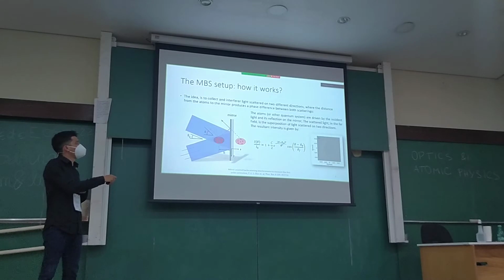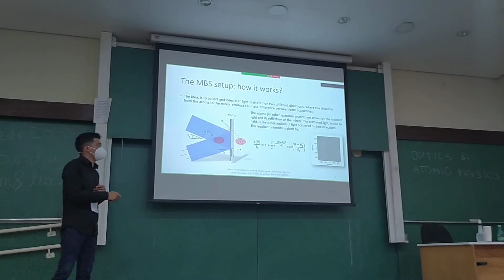In the very far field, I have the interference of these two lights, and as a result, the interference pattern in my far field is composed of these green fringes. They have an envelope that is given by some parameters related to the size of the cloud and the distance to the mirror.